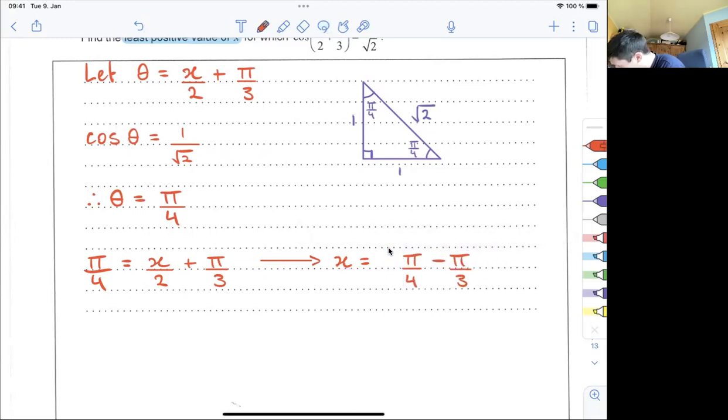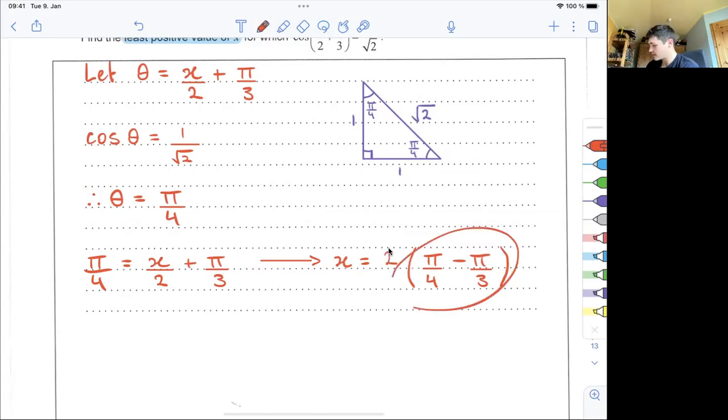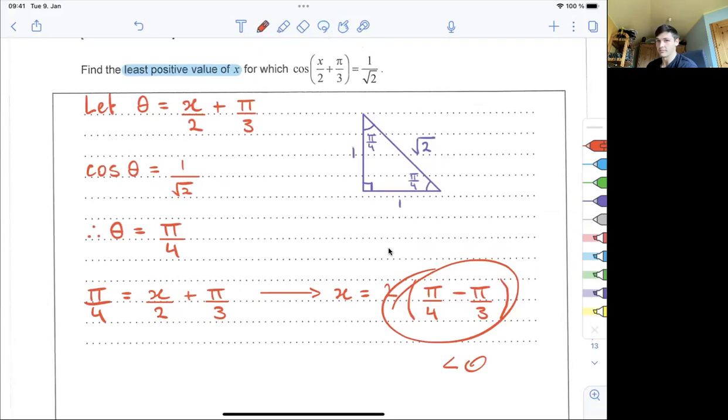But here we've run into a bit of a problem, since already, before I even times this by 2, what's in the bracket, pi over 4 minus pi over 3, is less than 0. Which is a problem, because we need to find the least positive value of x.